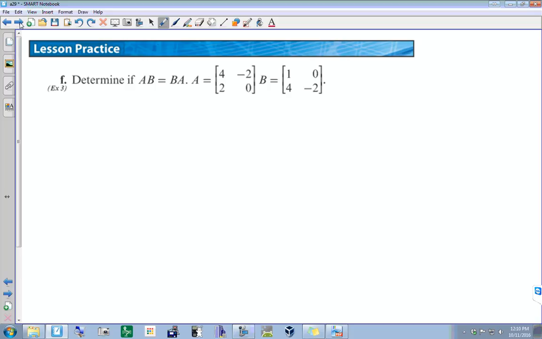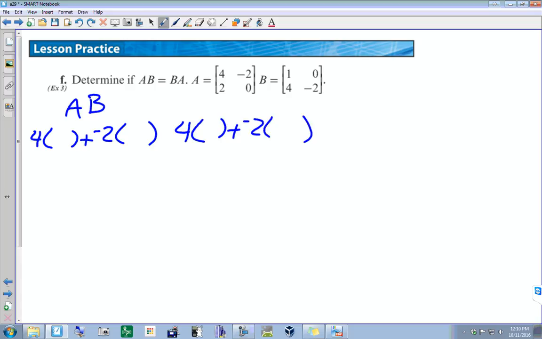All right. First off, here, AB. Again, remember, rows, columns. So, there were numbers.